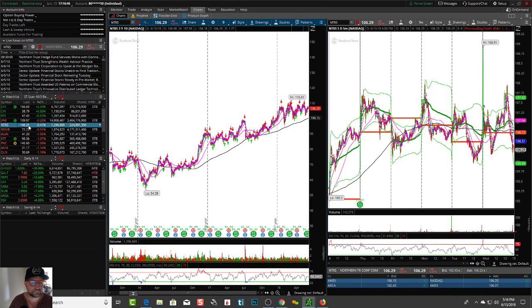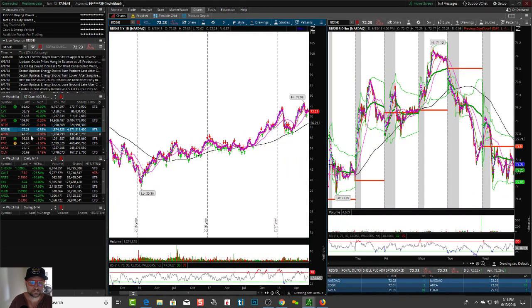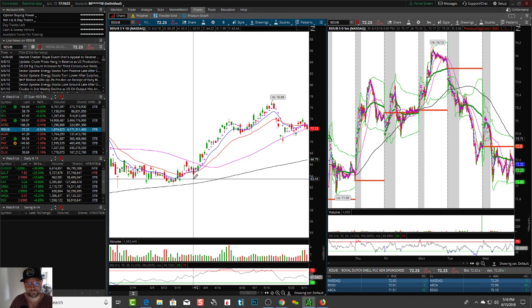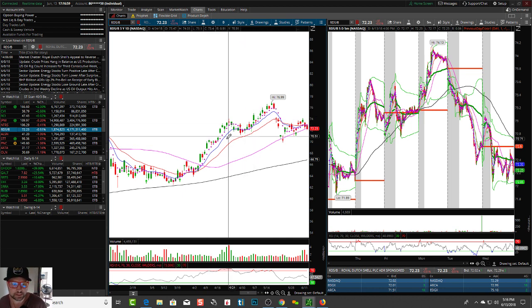No. You can see here a head, a left shoulder, a right shoulder. This is one I would potentially look at, but then here's what I don't like. I don't like all those gaps. It can get really messy.